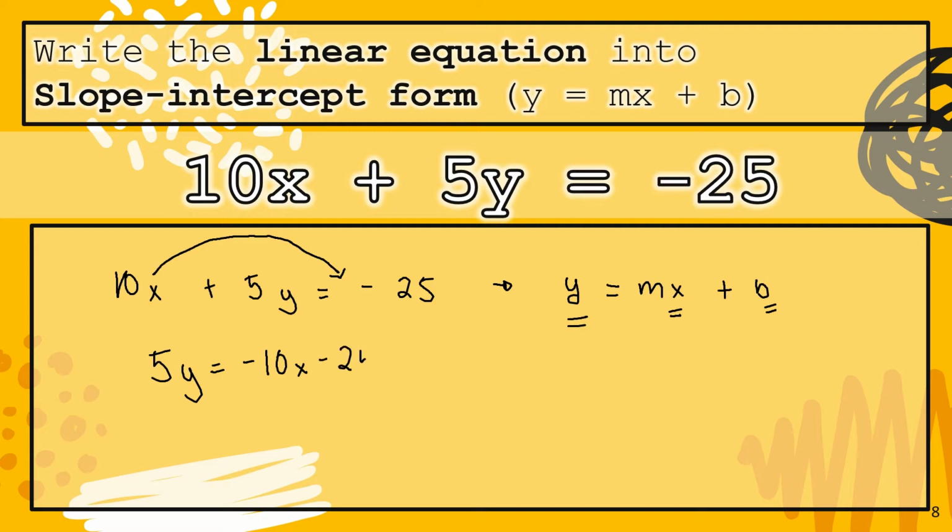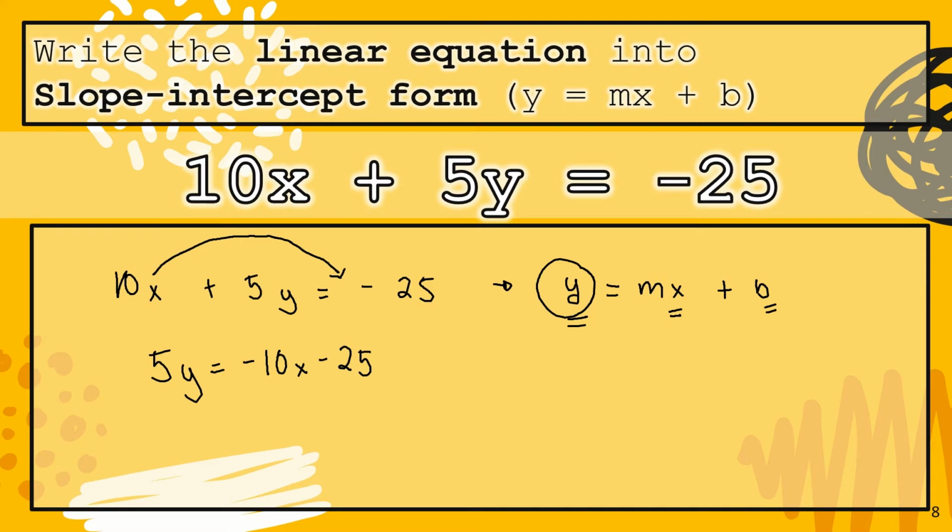If we look back to the slope-intercept form, before the equal sign, we only have variable y. In our case, we have the numerical coefficient of y, which is 5. So we need to divide the whole equation by the numerical coefficient of y.